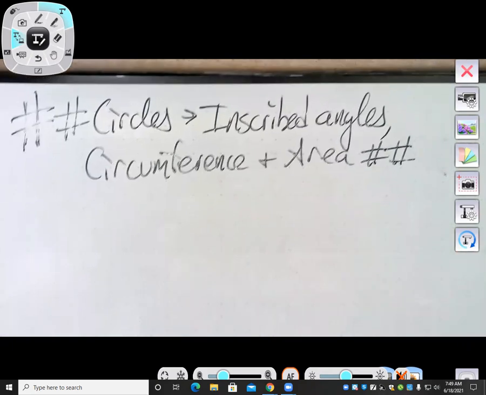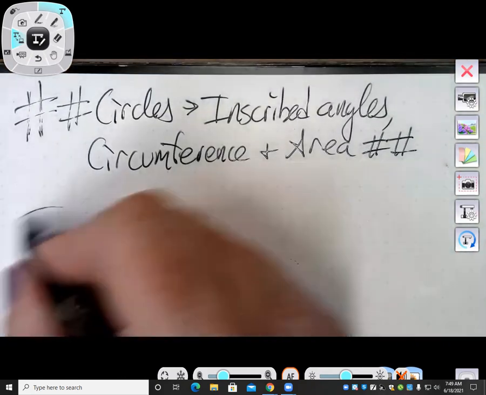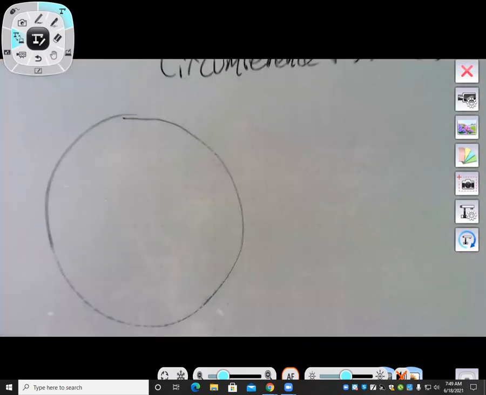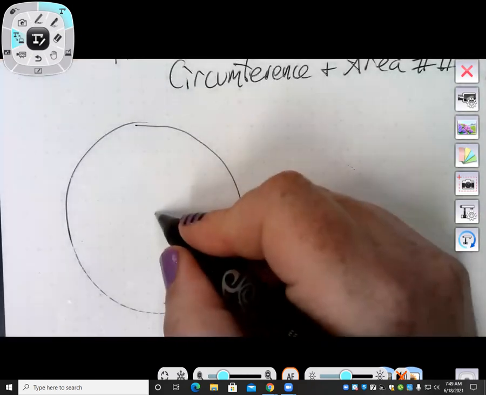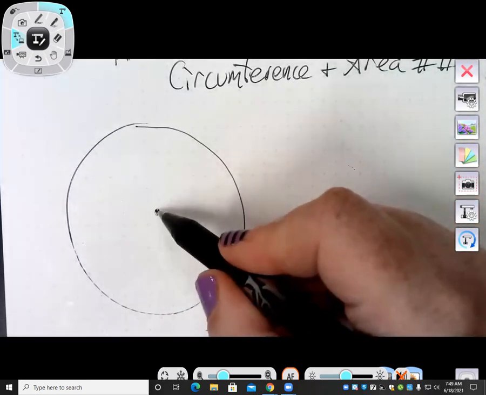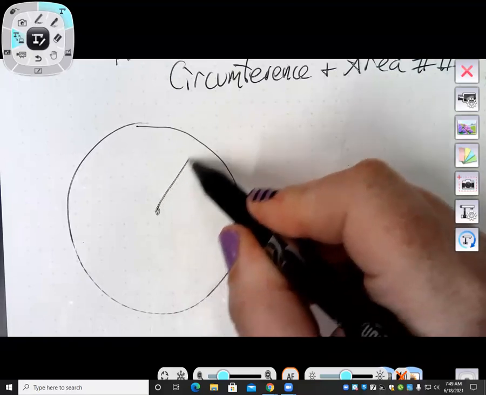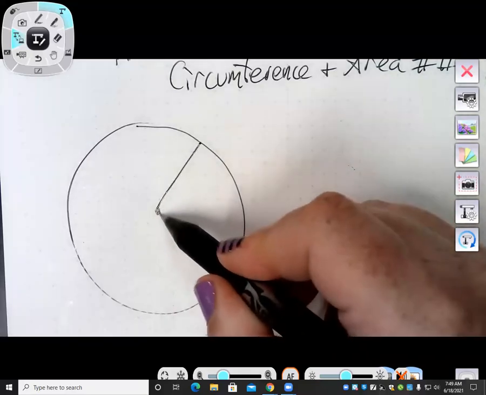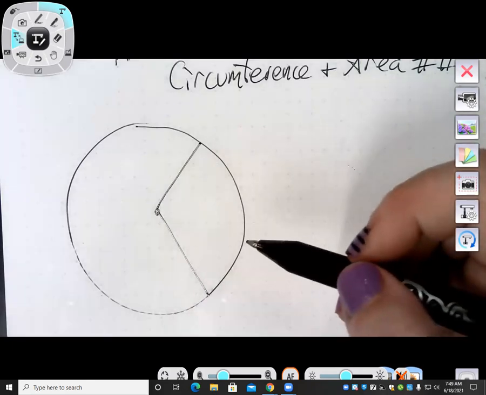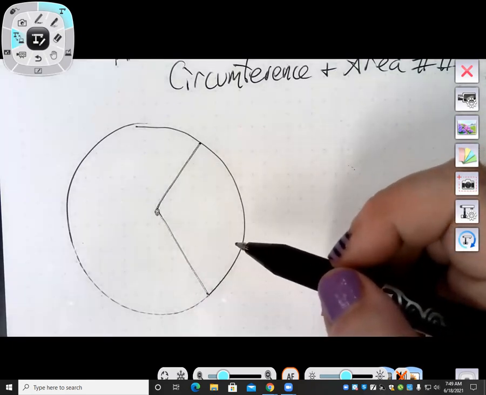Okay, so if you remember from Wednesday, I guess was the last time I saw you guys, we had a circle, and inside that circle, we talked about the center of the circle, and then we discussed if you were to create an angle so that its vertex was on the center of the circle. We had a special name for that. It was called a central angle, right?